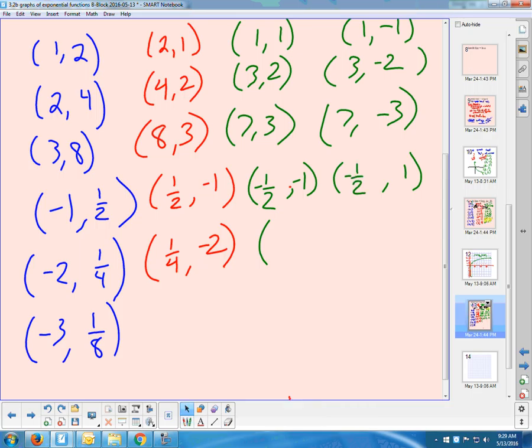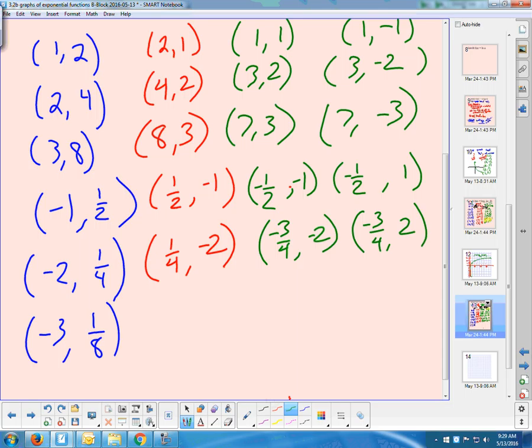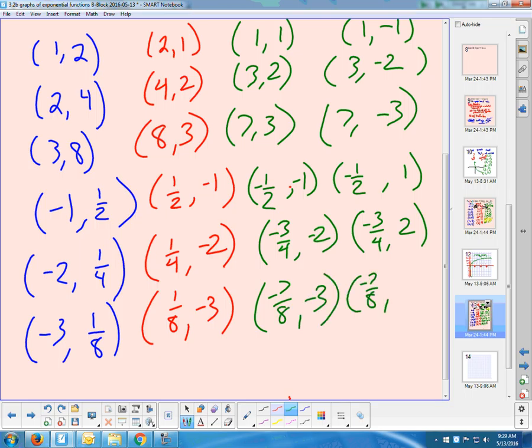And 1/4 minus 1 would give us negative 3/4, negative 2, which would then become (-3/4, 2). (-3, 1/8) would become (1/8, -3), which then gets transformed. 1/8 minus 1 is negative 7/8, so (-7/8, -3) and (-7/8, 3).